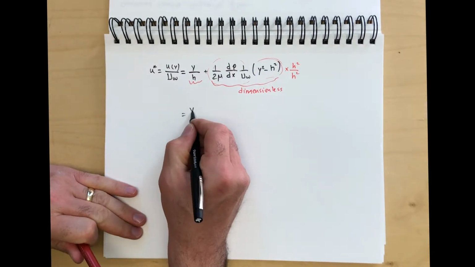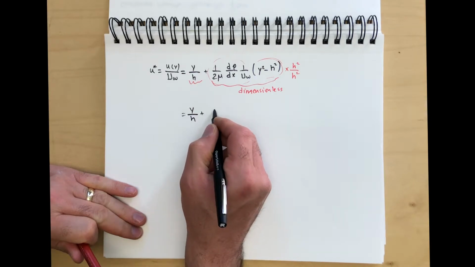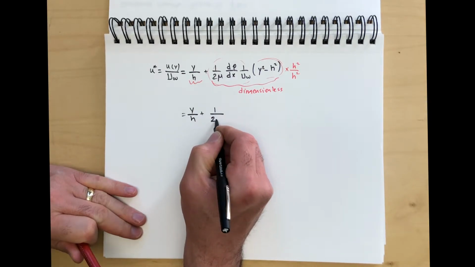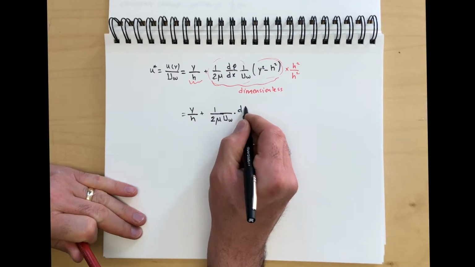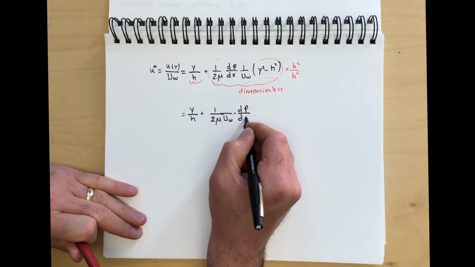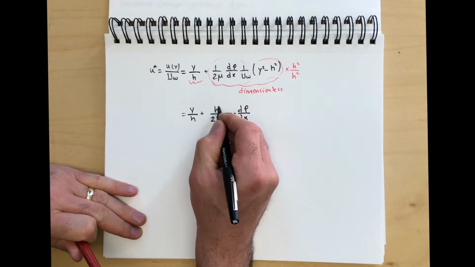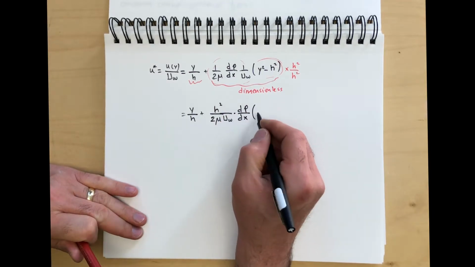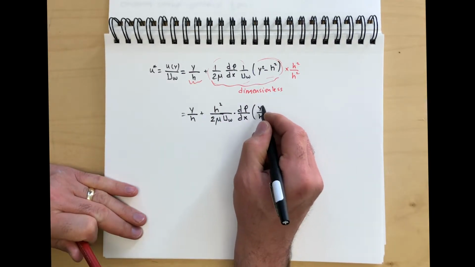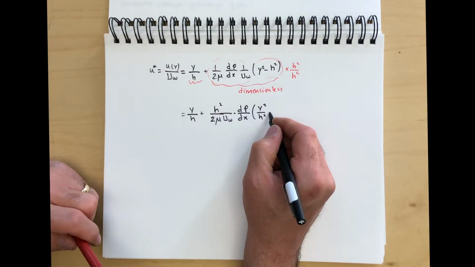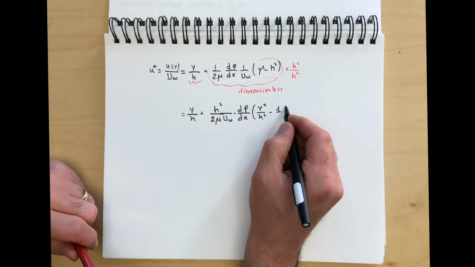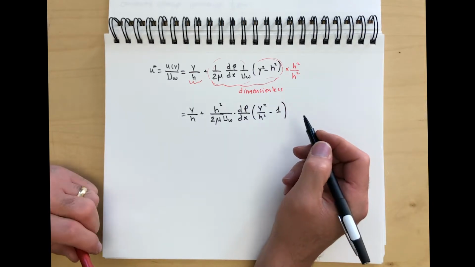What you get is y over h plus 1 over 2 mu u wall times dp by dx. And we're going to do an h squared over here, and we get y squared over h squared minus 1. Okay?